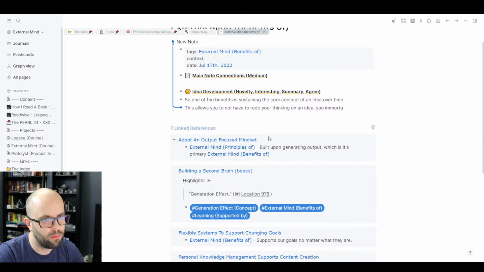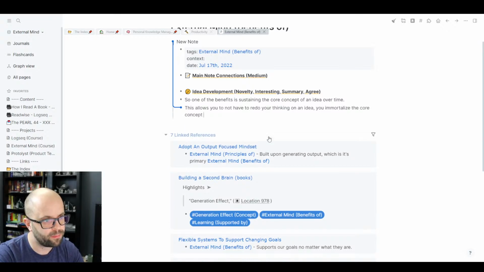You immortalize the core concept so that it is preserved, and when you revisit it, you don't have to recreate it.